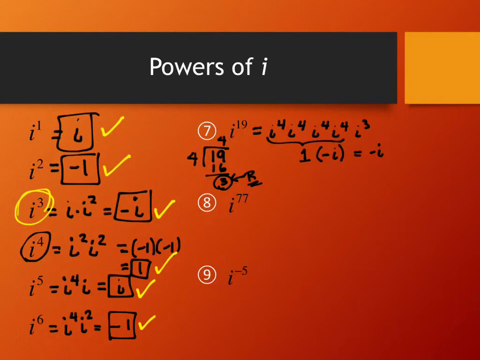It's -i. And all of these that came out evenly would be able to be written as i to the 4th, i to the 4th a whole bunch of times. So in all reality, it's the remainder that tells us which of the 4 portions of this sequence, i, -1, -i, or 1, that we're in.